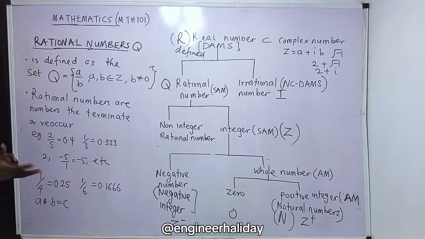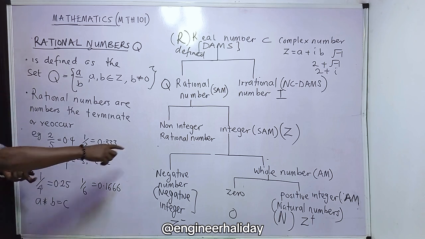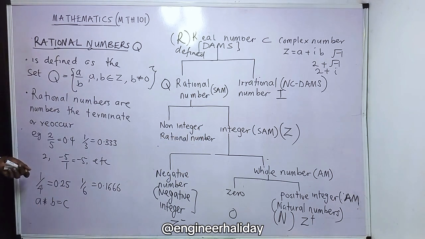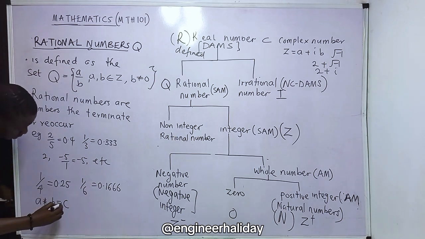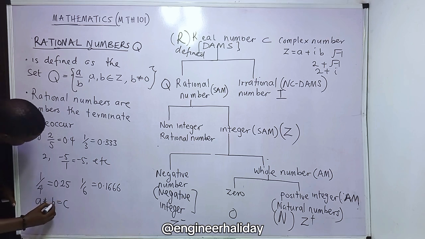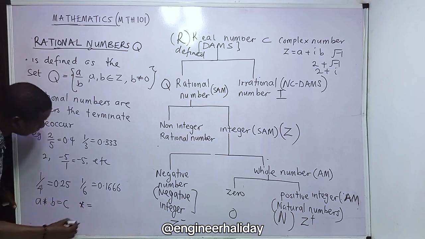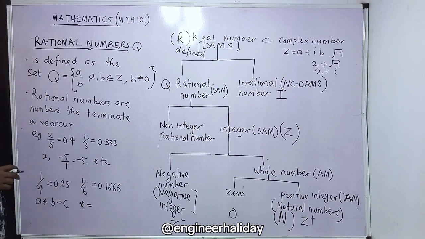Integers and natural numbers are under rational numbers. They are a superset of integers and non-integers. So if A operates on B to give us C, what operation will this be for the rational numbers to be closed?